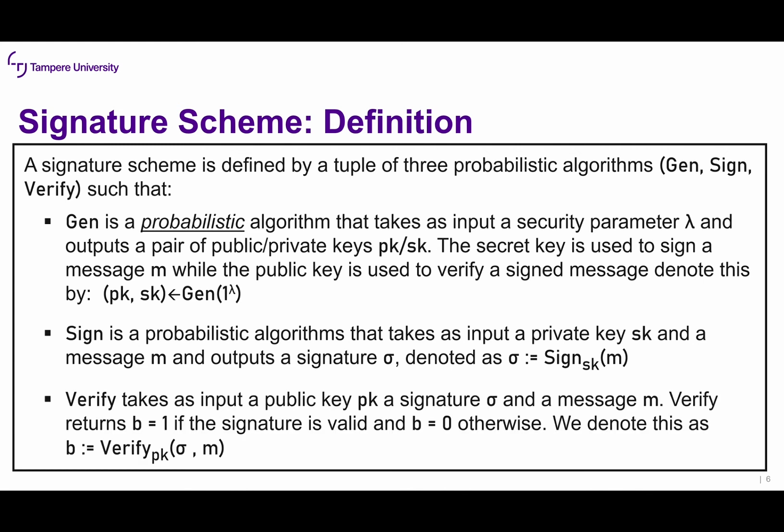And finally, we've got the verification algorithm that takes as input a public key PK, a signature sigma, and a message M. Now the verification algorithm returns a bit, B equals 1 if the signature is valid, or B equals 0 if the verification fails. Now keep in mind that the main differences between sign and verify algorithms is that sign takes as input SK, the secret key, while the verification takes as input the public key, right? So these are the two main differences.